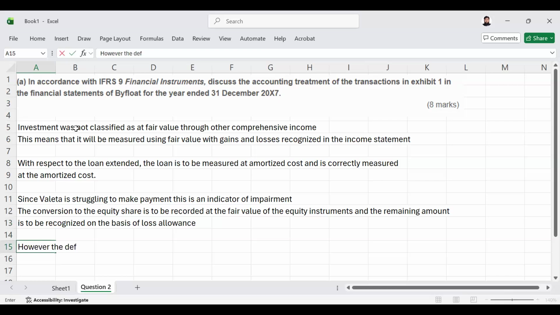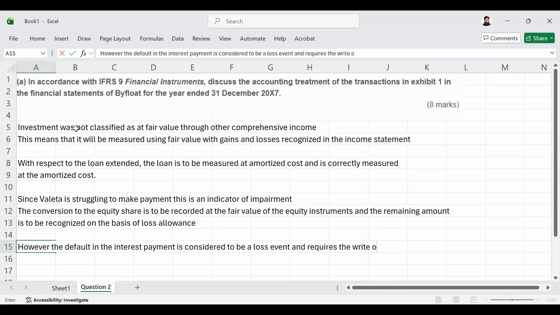However, the default in the interest payment is considered to be a loss event and requires the write-off of the loan receivable.